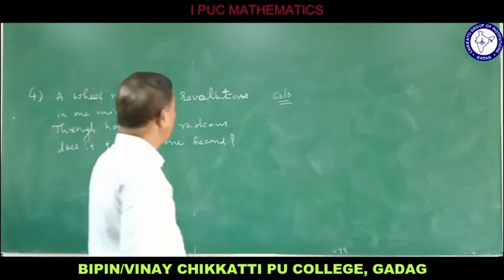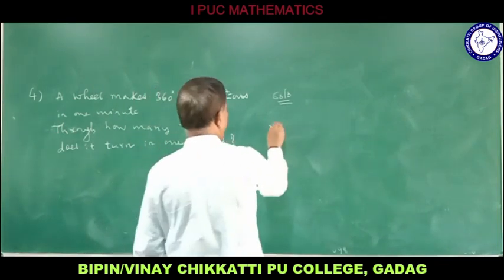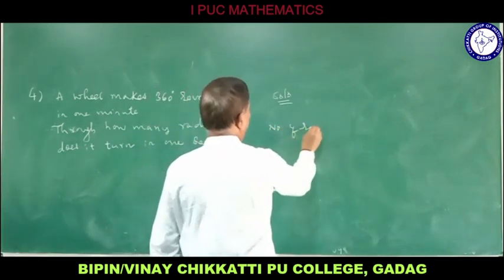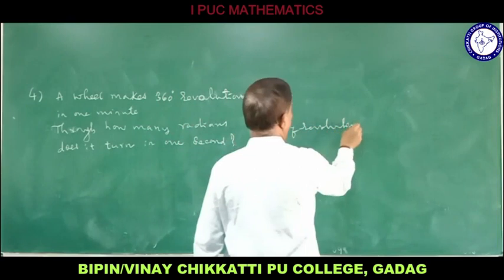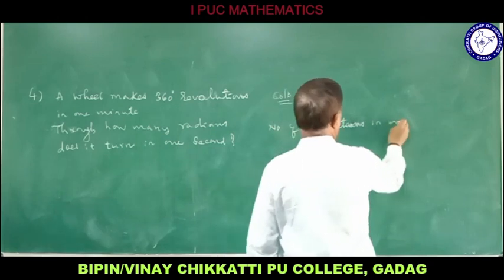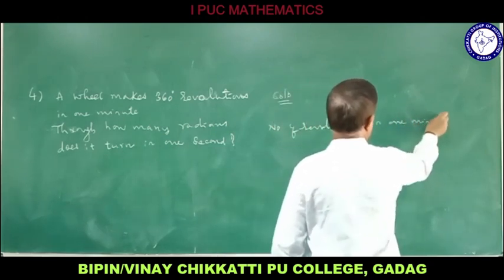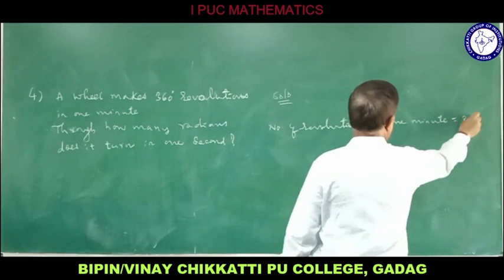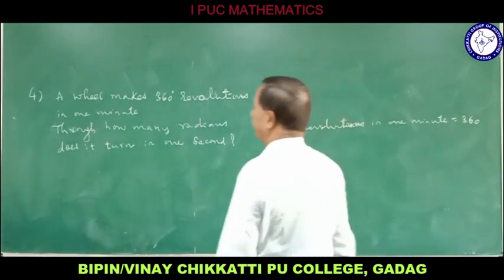Number of revolutions in 1 minute. Yes, how many revolutions is it? It is 360 revolutions.